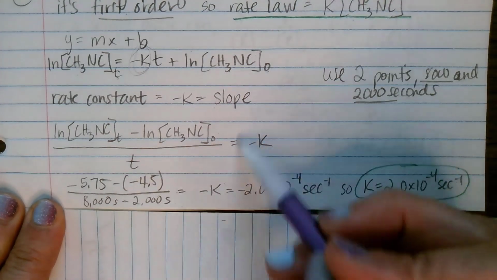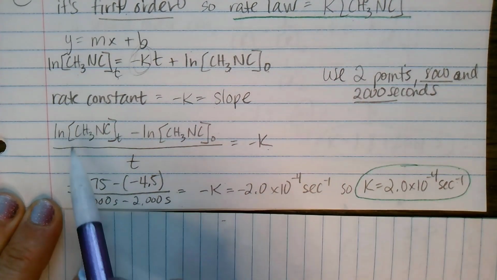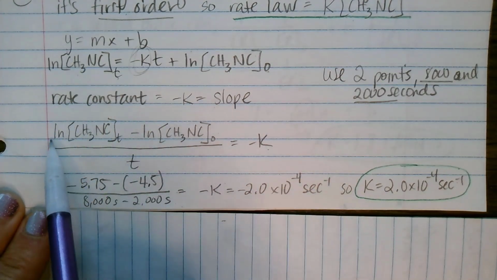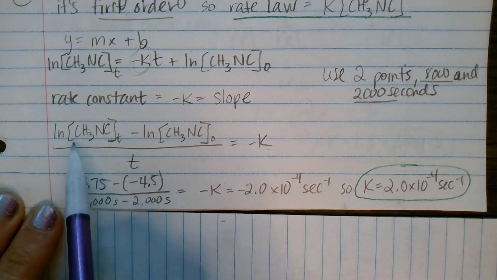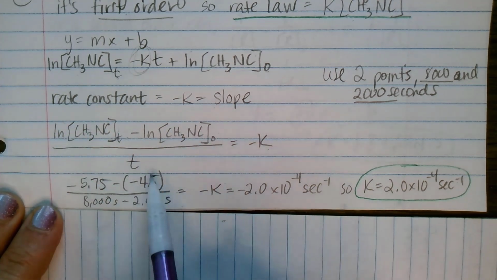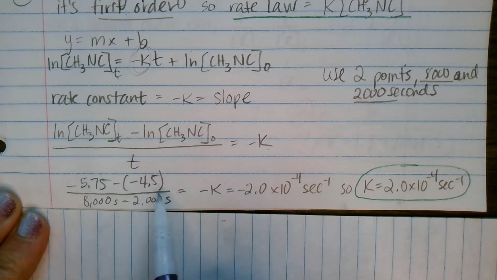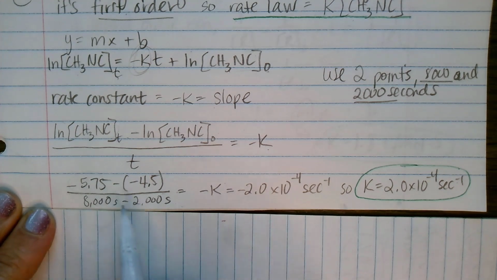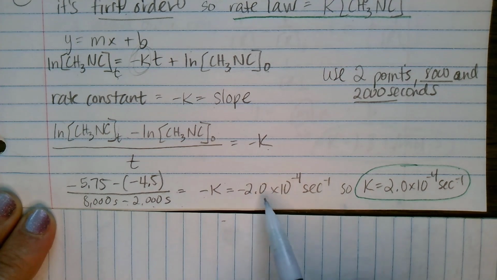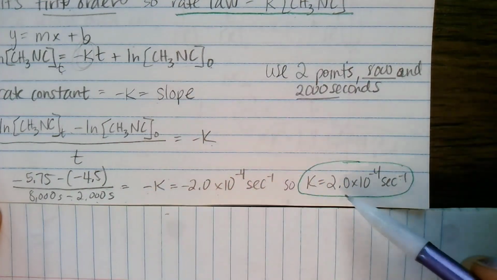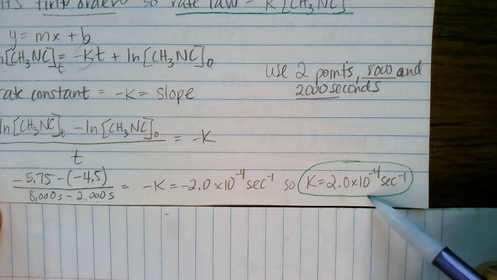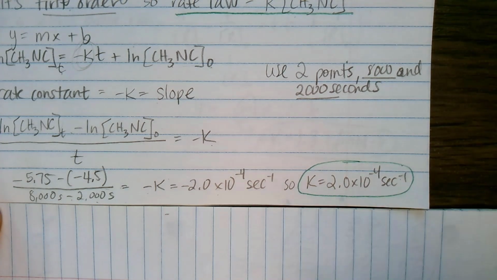So to solve for K, my slope, I did the natural log after time t, so I used the negative 5.75 minus the negative 4.5 all over the change in time. So I did the 8,000 minus the 2,000 seconds. That gave me negative K. And then, of course, I want to take the opposite of negative K to get K. So 2.0 times 10 to the negative fourth inverse seconds.